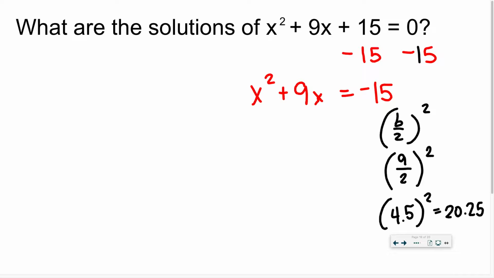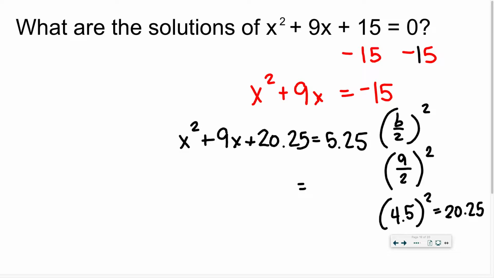So what am I going to add to both sides of this equation? I'm going to add the 20.25, so my equation will look like this. The reason I actually want to do this is because I can rewrite that trinomial as the binomial squared.